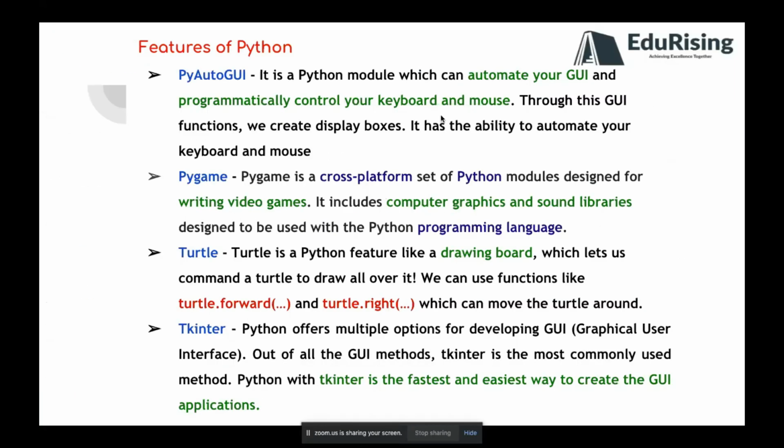This PyAutoGUI is also used for creating a graphical user interface, like displaying a dialog box, all these things we can use it for. And as I have told you before, it is for automation, like keyboard automation and mouse automation. All these things can be achieved through this PyAutoGUI module, right?